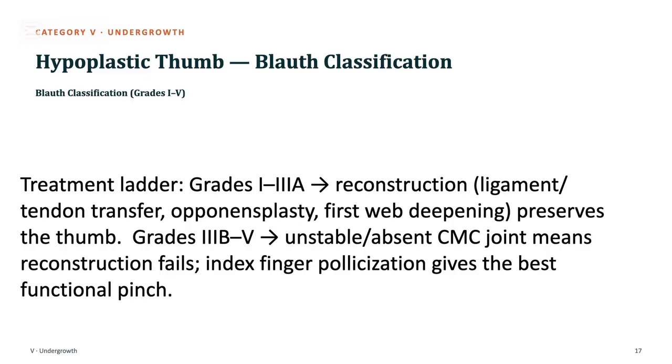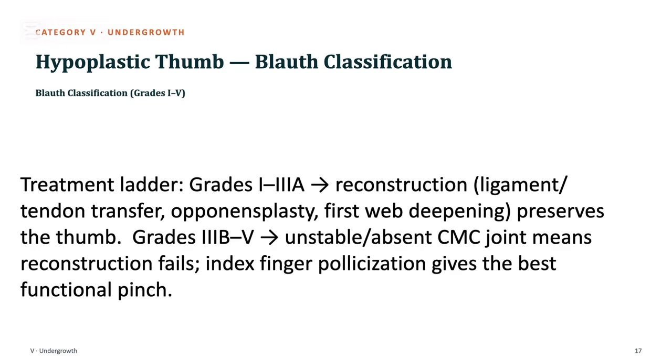The treatment is to reconstruct what you have and make it of the best function, as we may do tendon transfer, we may do opponensplasty. It's called opponensplasty, not oponoplasty, opponensplasty. You may do first web deepening. Other than this, you may do reconstruction by index pollicization.